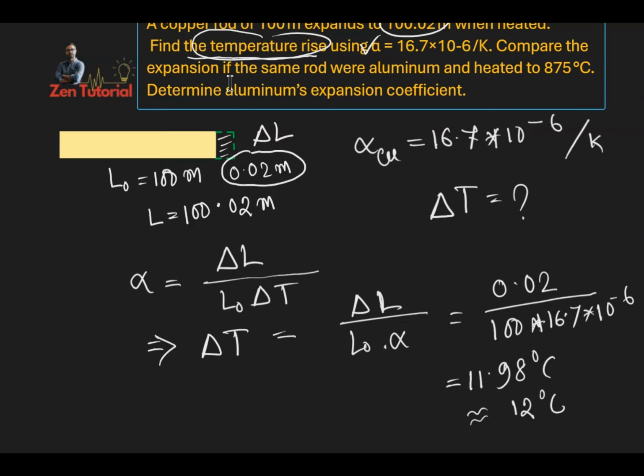The second part of this question: compare the expansion if the same rod were aluminum heated up to 875 degrees Celsius.